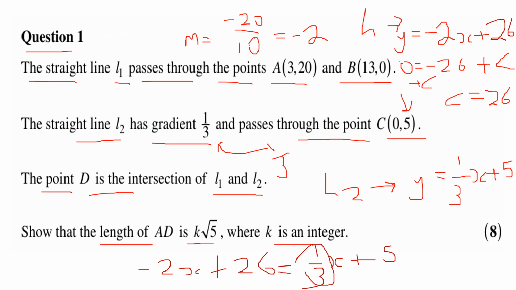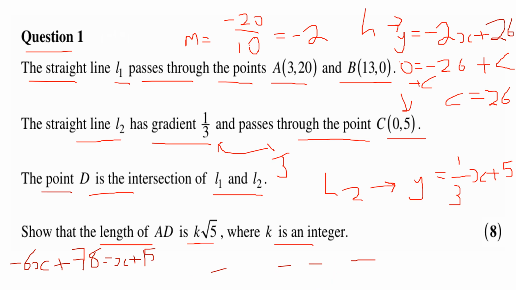So I'm going to have minus 6x plus 26 times 3, which will be 78, is equal to x plus 5. Remember, a third times 3 just goes to 1, and then 5 times 3 makes 15, so that's 15 there. So that's the first part done.